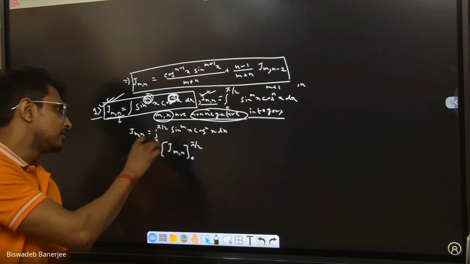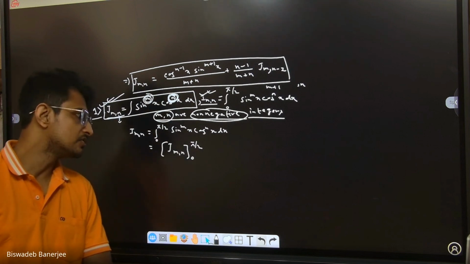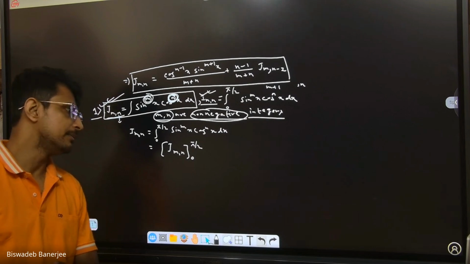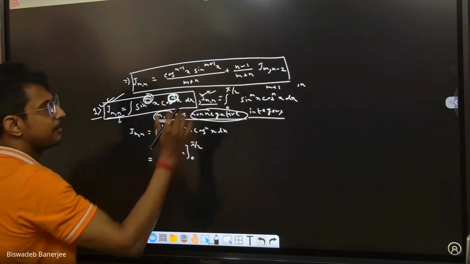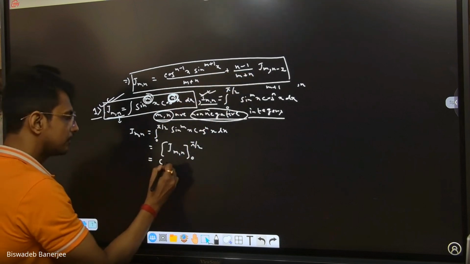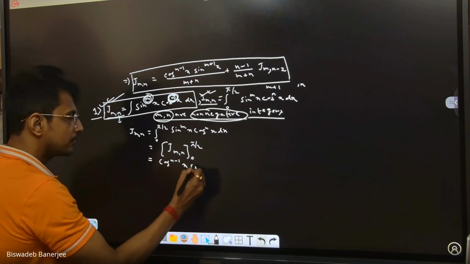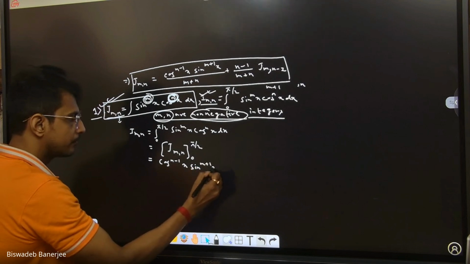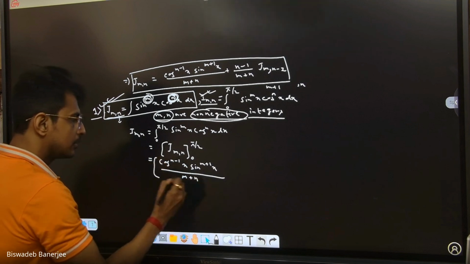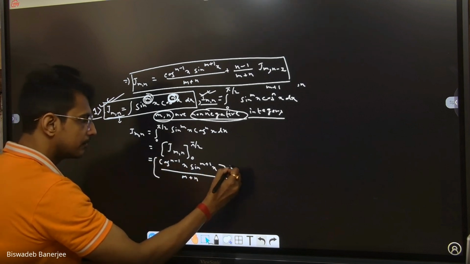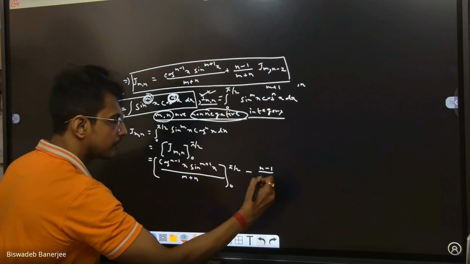Just put a limit over this Jmn and you shall get Imn. So Imn is the limit over Jmn. So this is my Jmn. Put the limit over this, minus put the limit over this.